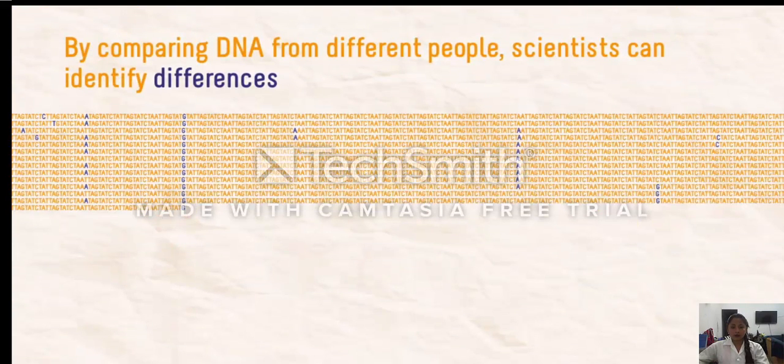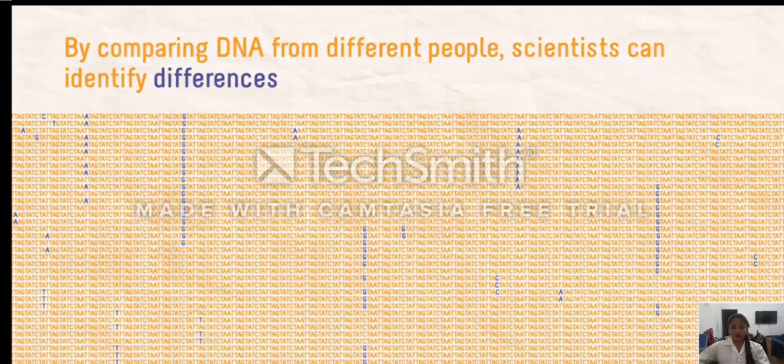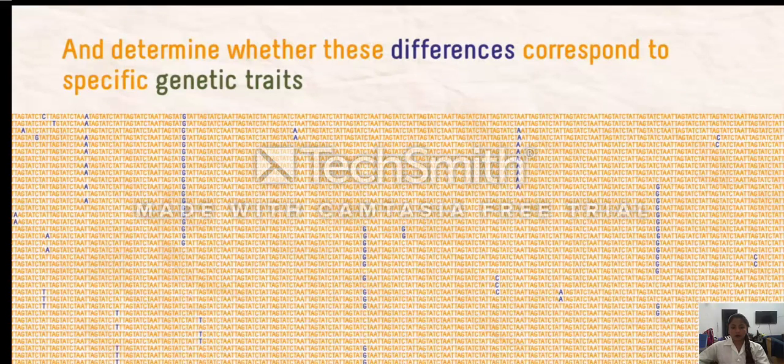By comparing DNA from different people, scientists can identify differences and determine whether these differences correspond to specific genetic traits.